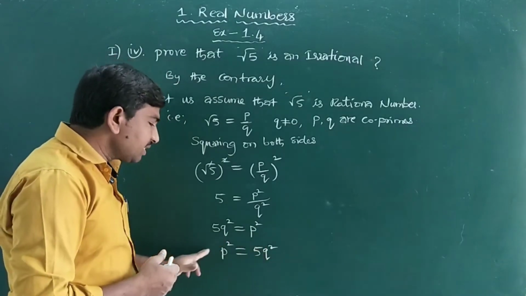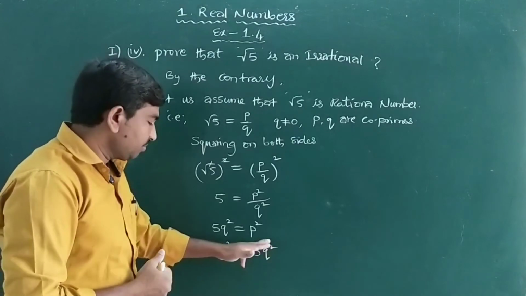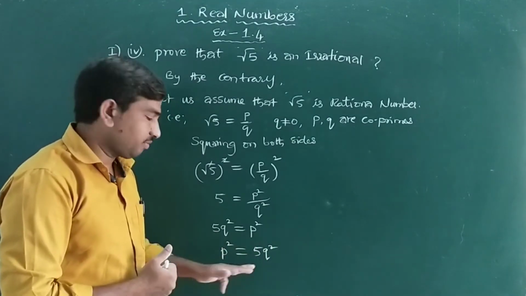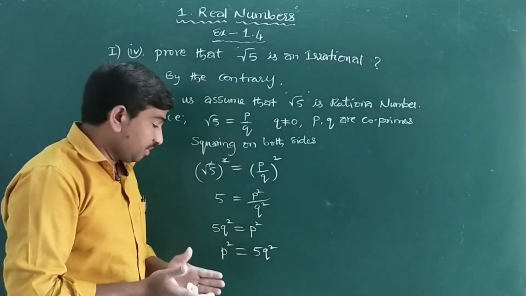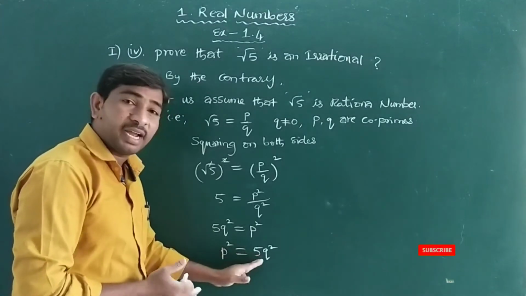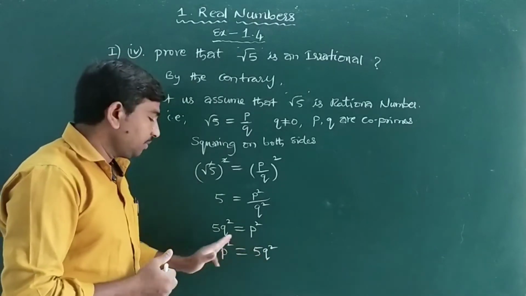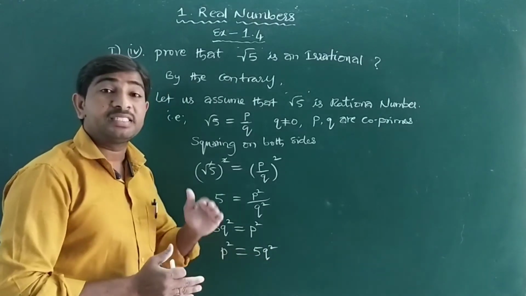What does this mathematical statement mean? Here 5 divides p square, because we are writing p square in the form 5 into something. That's why 5 divides p square as well as 5 divides p also.